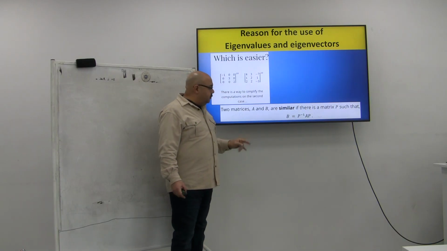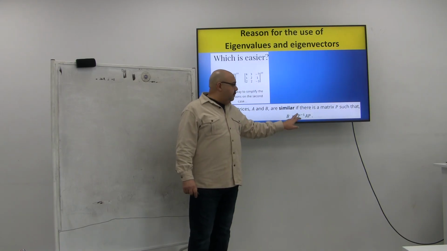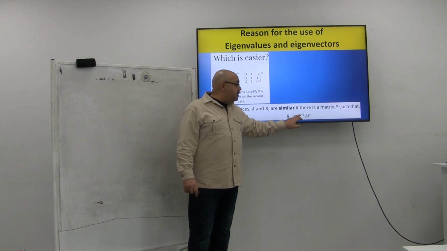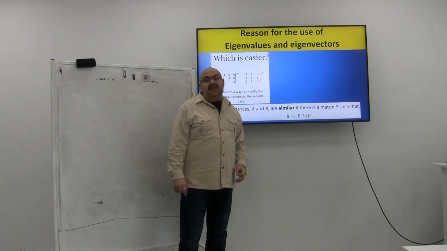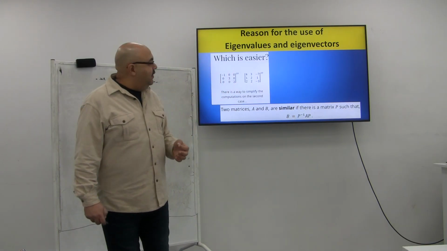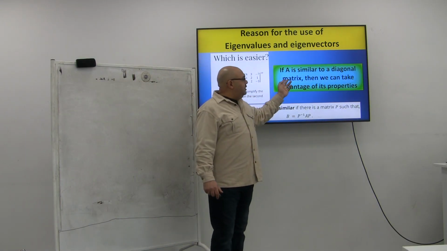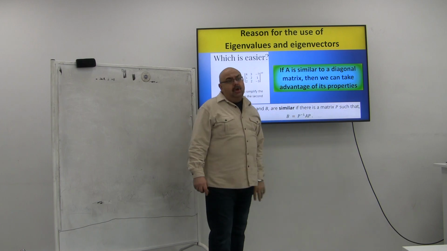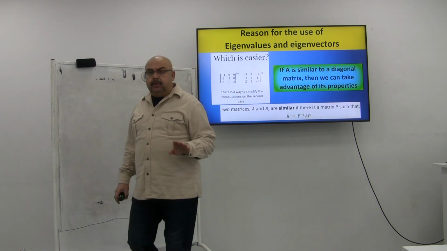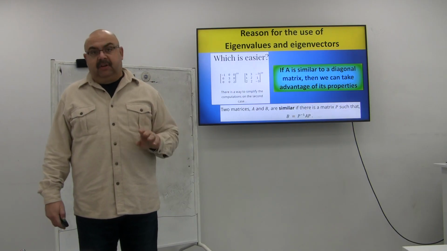It's really very simple to get the B matrix, which is equal to P to the power of -1 times A times P, which is a diagonal matrix. It is possible in some cases, and this is what we are going to study. So if A is similar to a diagonal matrix, then we can take advantage of its properties. That's the bottom line of this slide, and that's the reason for getting eigenvalues and eigenvectors.